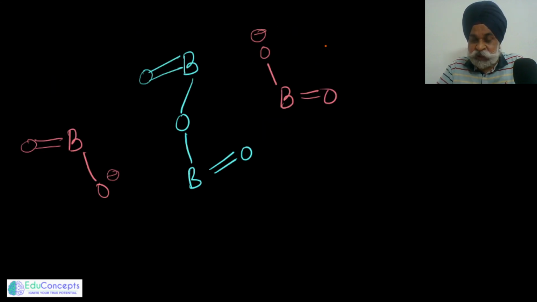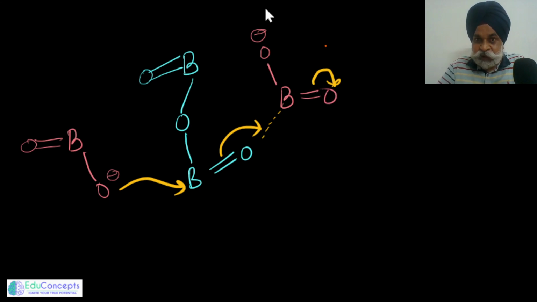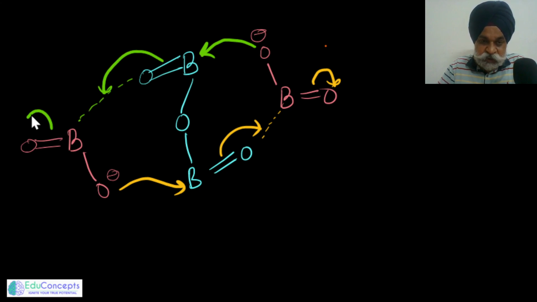Simply, we did last time the borax bead test in a reverse way. Now I can show it like this, that if I just would attack this part of the species, this bond goes here and this goes here, as simple as that. And similarly, if I would attack this part here, this bond moves here, and you end up getting this.